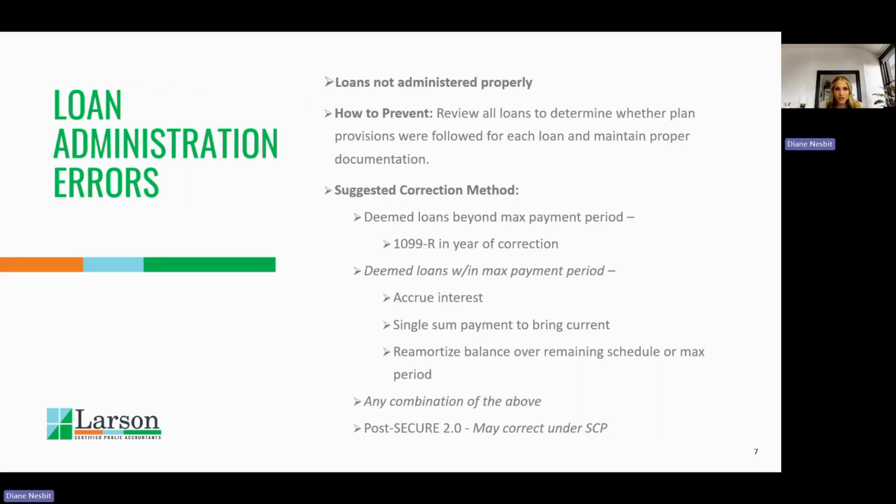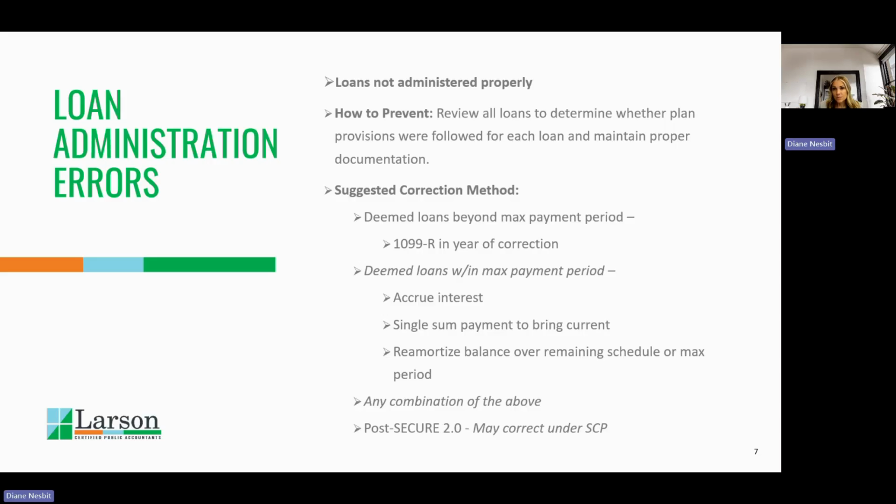Okay, loan administration error. So if the plan allows for loans not being administered properly, what this might look like is, say that the loan program from the plan document only allows for 2 outstanding loans at any point in time for each participant, but potentially a participant is allowed to take out a 3rd loan. That would be a loan administration error.